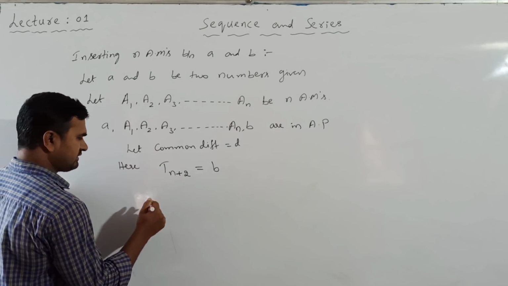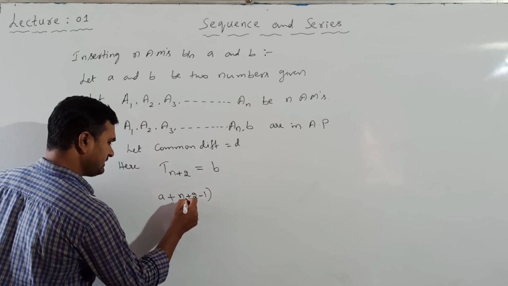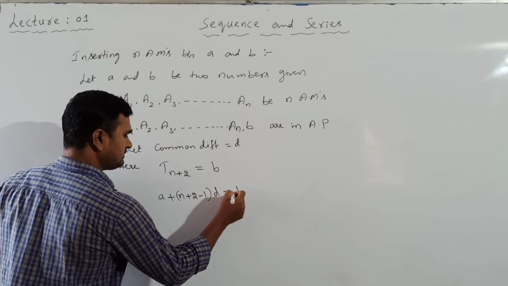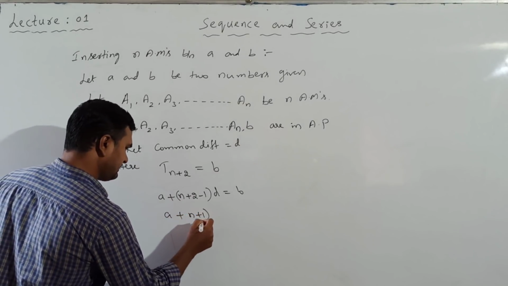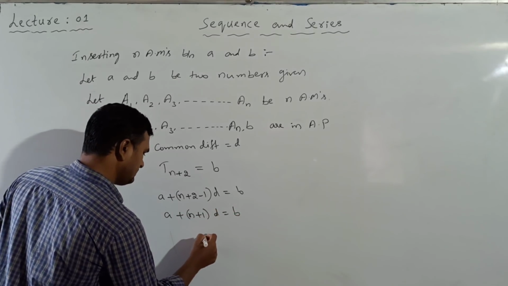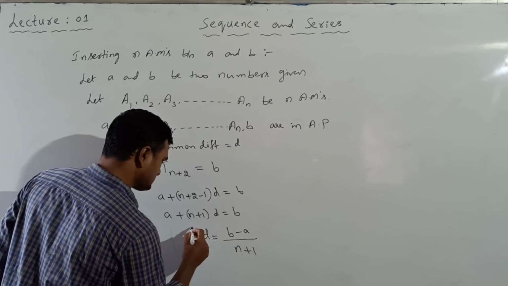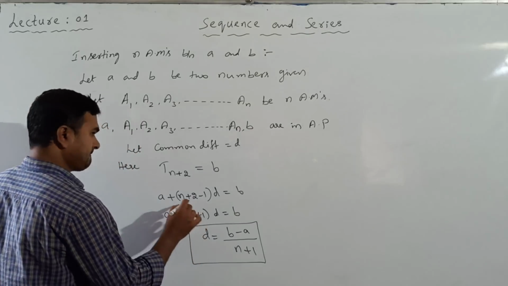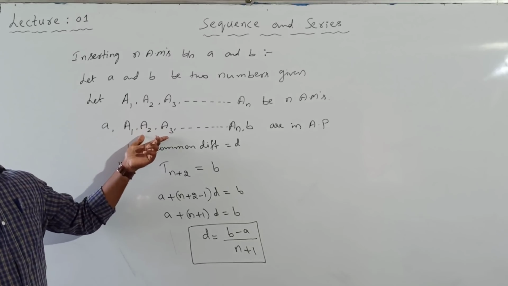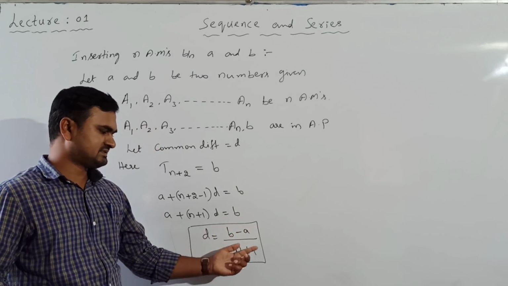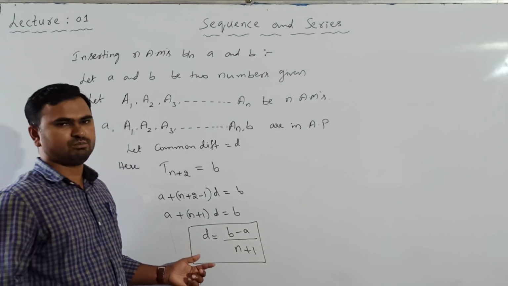What is the formula for T n plus 2? It is a plus (n plus 2 minus 1) into d, equal to b. So a plus (n plus 1) d is equal to b. From this we get the d value: b minus a divided by n plus 1. So the common difference of this arithmetic progression is d equal to (b minus a) by (n plus 1). You can remember it as a formula, so that we can directly use it in problems.